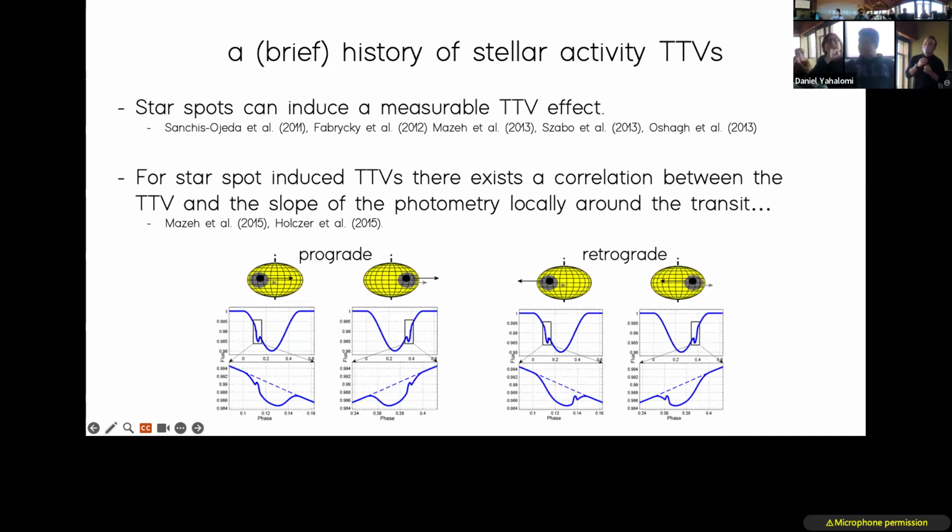I know nothing about observing exoplanets. What is the time resolution that you need to actually see this TTV signal? Yeah, time resolution in terms of observational cadence. It depends how low you want to go.